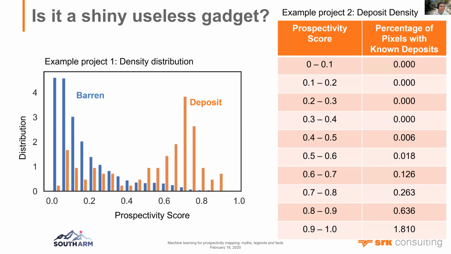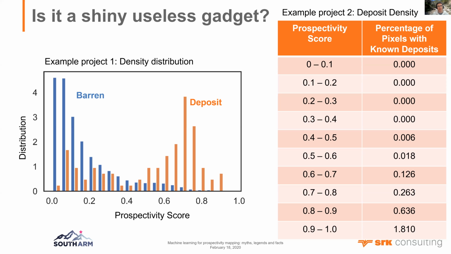You can see that the deposits are mainly in the high prospectivity ground, and that the areas with no known deposits are mainly of low prospectivity score, just a little part of them being at high prospectivity score. So you know that deposits have high prospectivity scores and that you're more likely to find deposits in this high prospectivity ground.